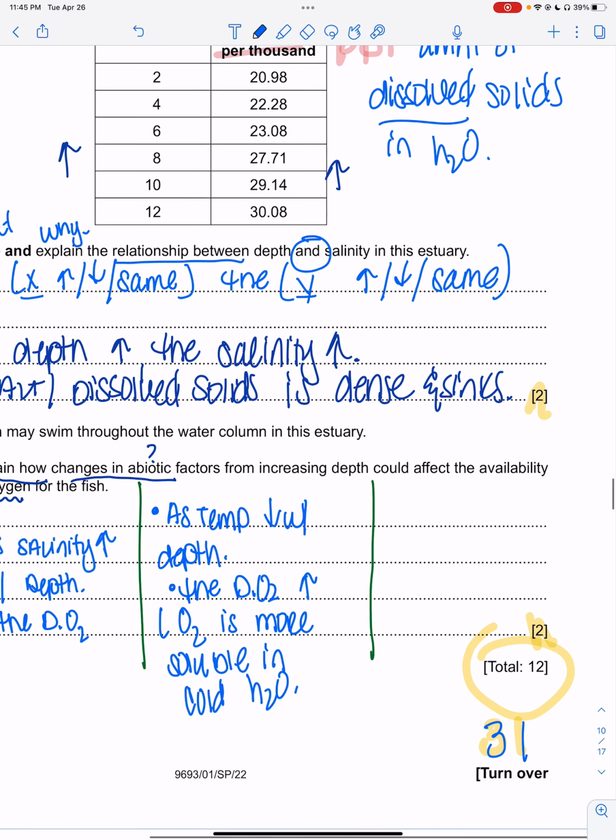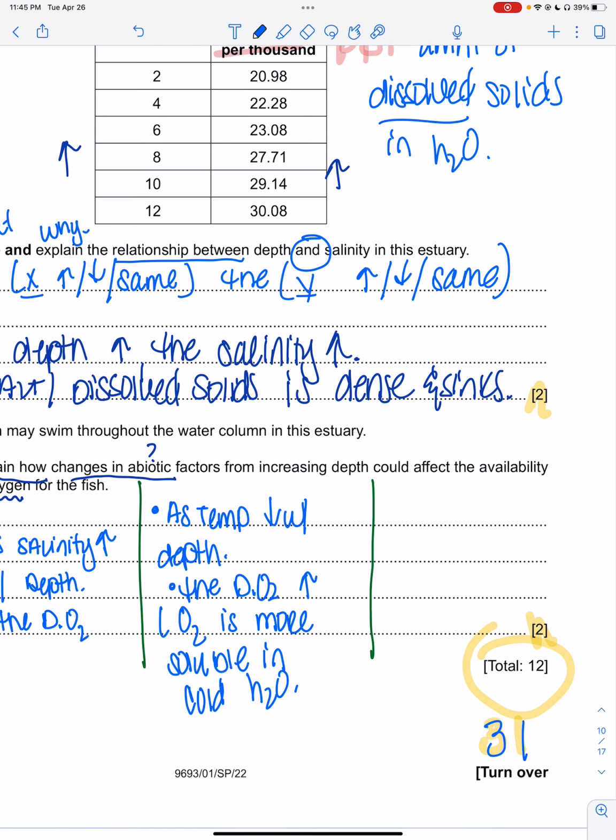And then the other thing we could talk about is pressure. It's not listed out on the mark scheme, but it could work. So pressure increases with depth.